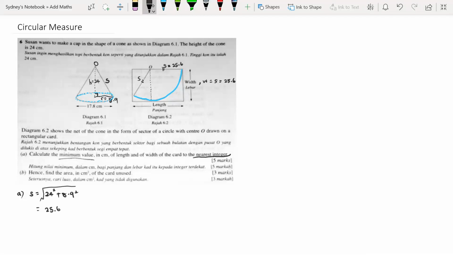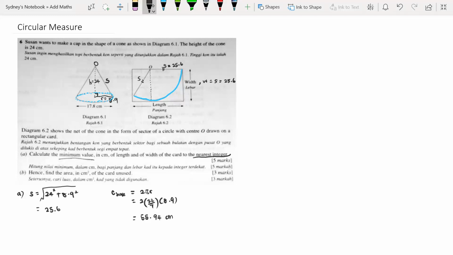So circumference of the base will be 2 pi r. If we put the value in, 2 times, now pi is not given, so we use 22/7 times the r. The r here is 8.9. Right, so we have 55.94 cm.